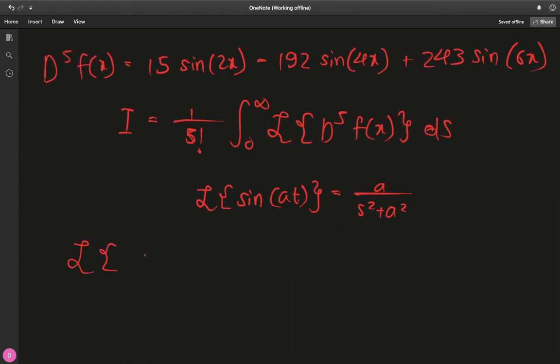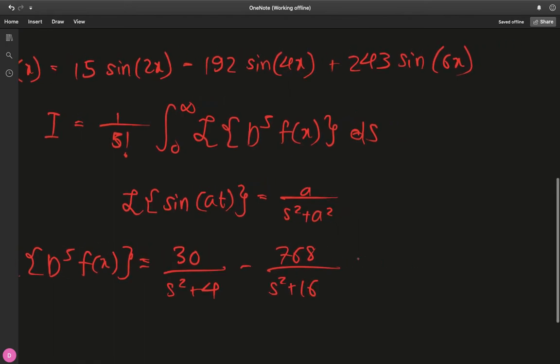So the Laplace transform of the fifth derivative of f of x is just going to be, well, we have this 15 and then this extra 2, so 30 over s squared plus 2 squared, which is 4, minus 192 times 4, which is 768, divided by s squared plus 4 squared, which is 16, plus 243 times 6, which is 1458, divided by s squared plus 36.